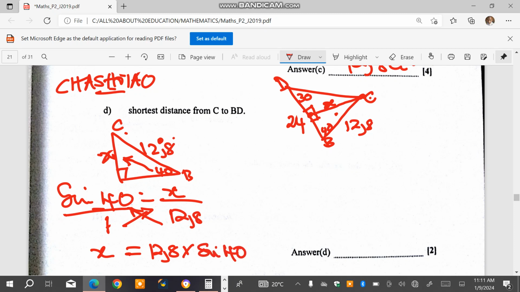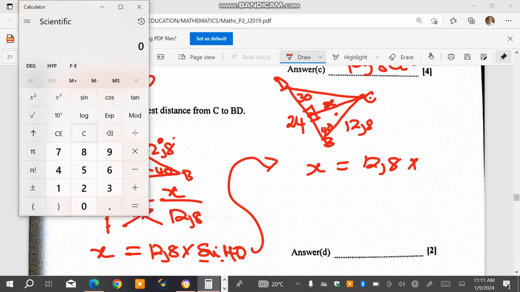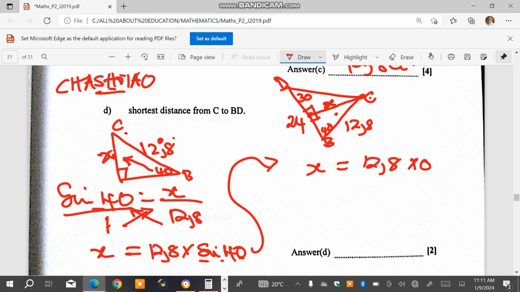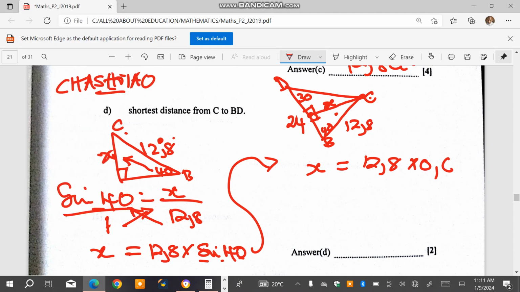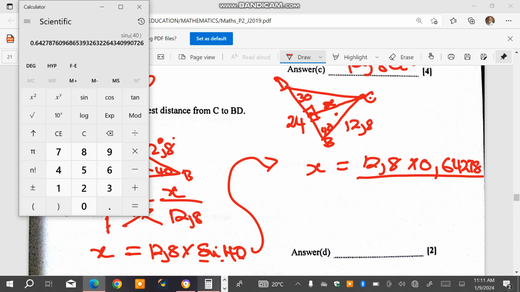Okay, then we are going to continue from where we left. It will be x equals 12.8 times sine 40. Sine 40 is 0.6427, or 0.64278. So if you multiply this one, what are you going to get? Let me show you.